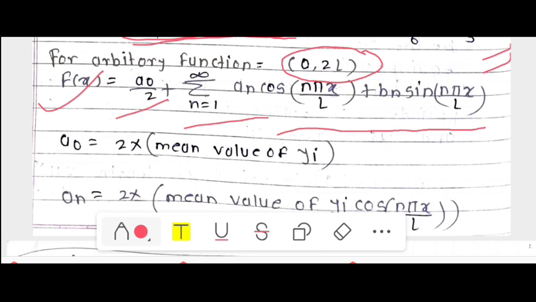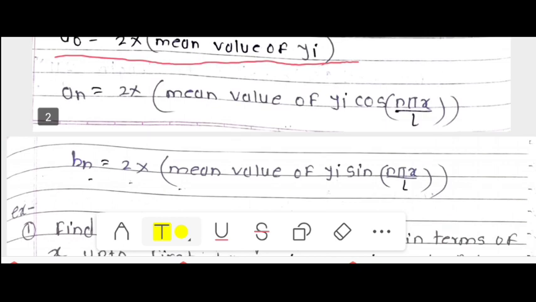The value of a0 is calculated by using the formula 2 into the mean value of yi, that is, 2 into 1 upon m, the number of values. Here we take m number of values, so 2 into 1 upon m summation y.